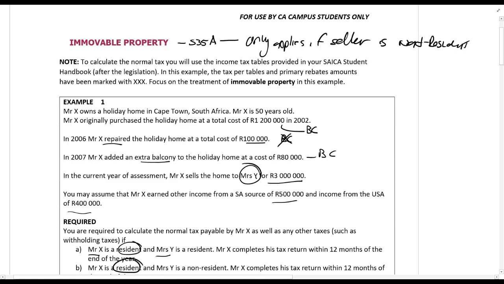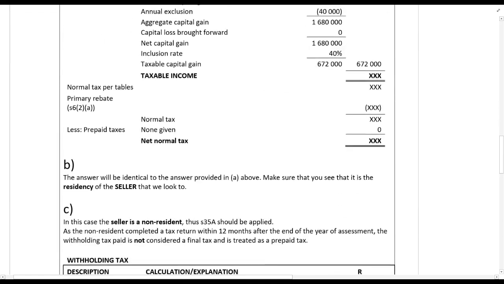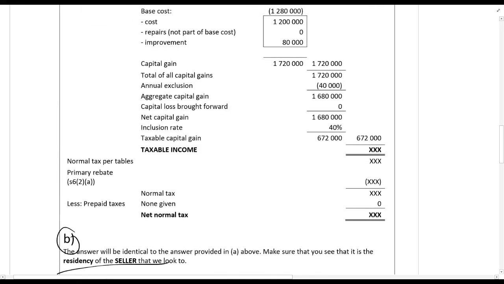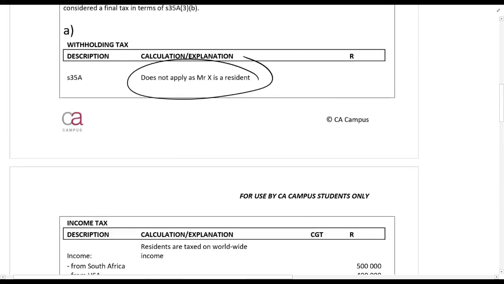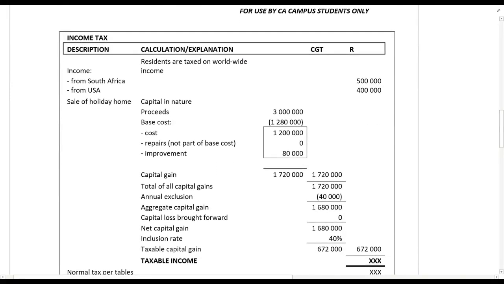Right, so for situations A and B, I want you to see there's no withholding tax for A. And B, you'll see, they say the answer is identical. So for A, there's no withholding tax, and in B, you'll do a normal calculation. I'm just going to quickly talk about it once. I don't want that to be your focus for the rest of the example.